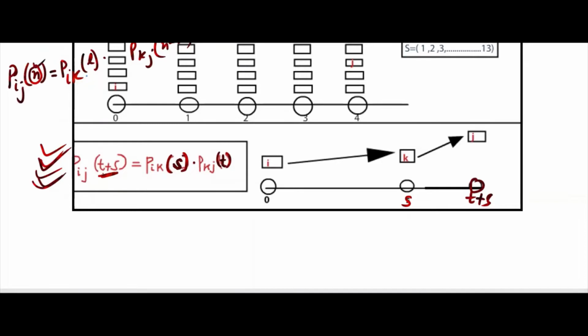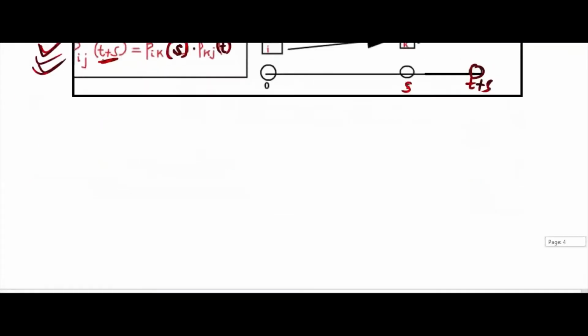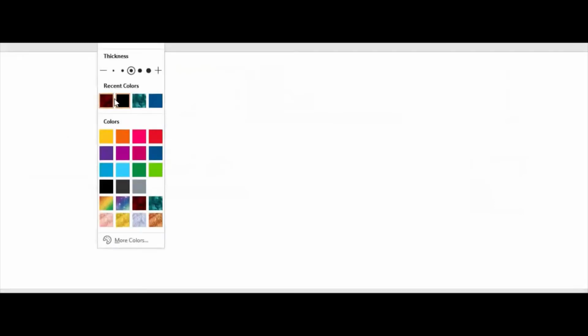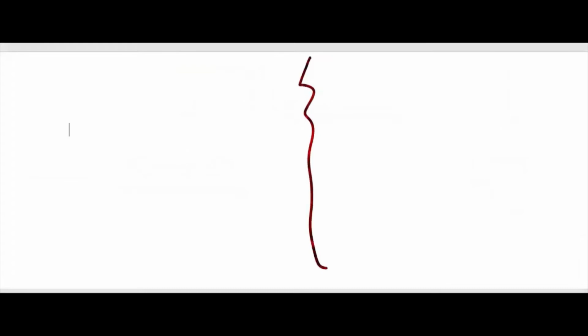Let me write the definition of mu_ij. But before going to that, let me write here a new one. Let me write the notation that we'll use in this chapter.